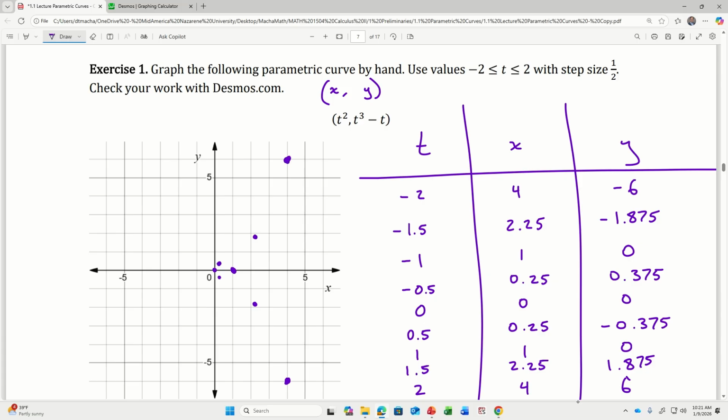Okay, so the curve is going to follow like this. I start down here, connect that dot, go to 1, 0, loop the loop, and go back through 1, 0, and then up.